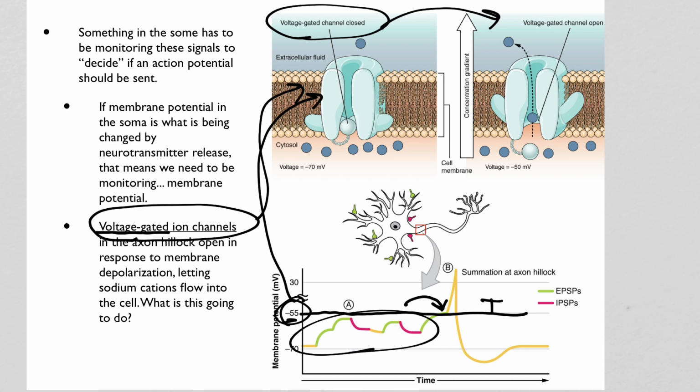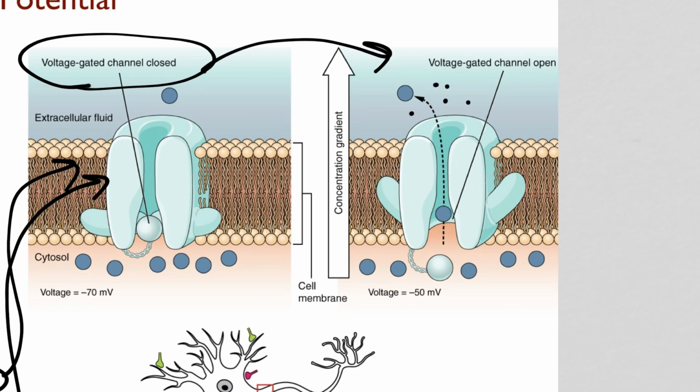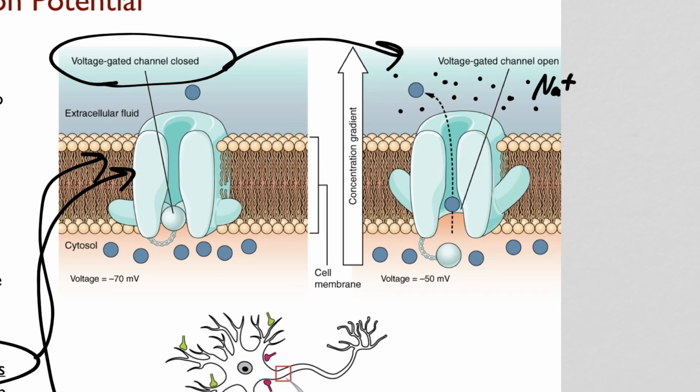And as soon as we hit that threshold value, it flings open. And once it opens, just like any other sodium channel, we expect sodium to start entering the cell. Okay, so in this picture, they're showing an ion diffusing the opposite way. But for our case, we care about sodium. So imagine that my black dots are sodium ions. As soon as that voltage-gated channel opens, we have a gradient pointing from high to low. We expect that sodium to diffuse into the cell.